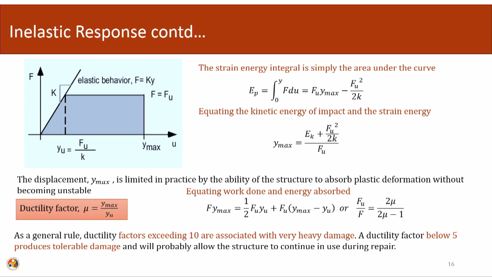So, what we try to do is apply a ductility factor below 5. Below 5 we say that it produces a tolerable damage, and it will probably allow the structure to continue in use whenever the repairs are being undertaken. In general, a ductility factor of 3 to 5 is normally adopted for a repairable structure.